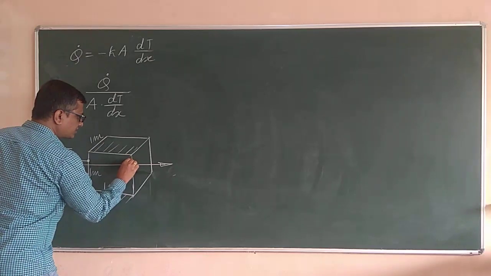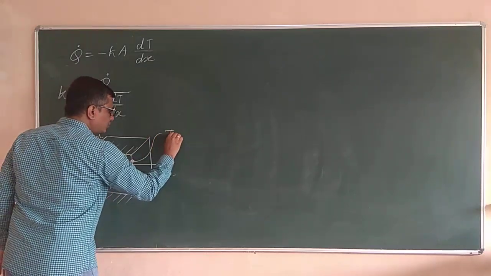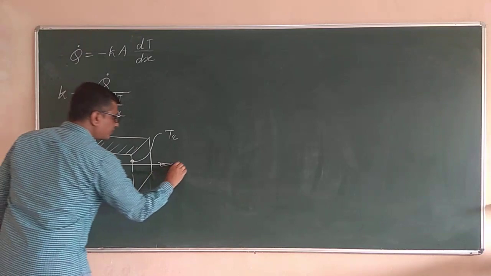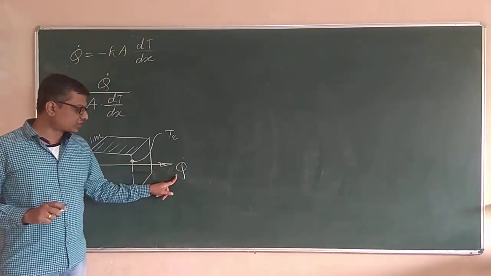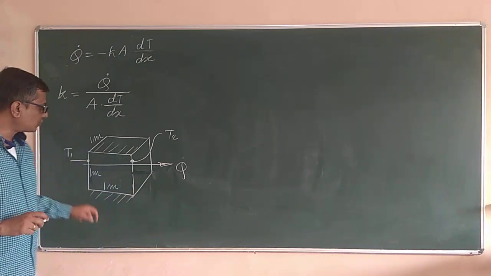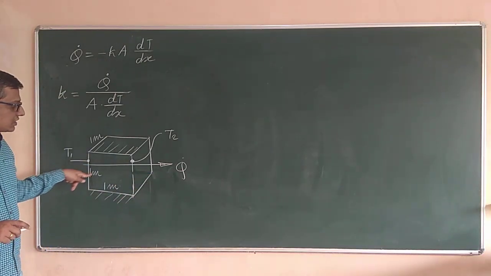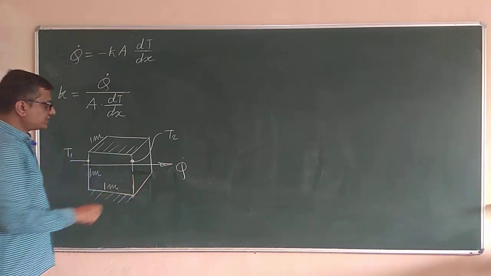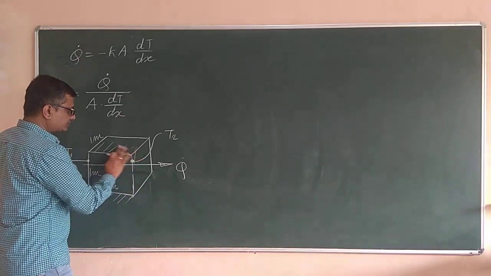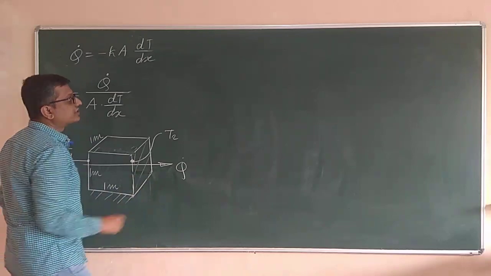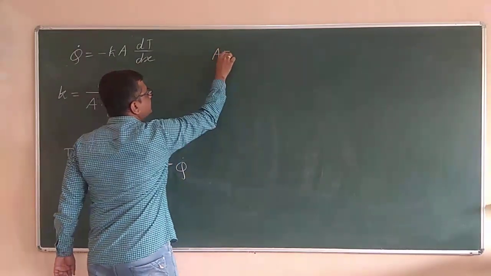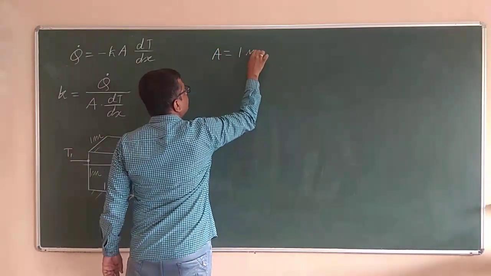So this surface is maintained at the temperature T2, and this is the direction of heat flow Q dot. The area normal to the direction of flow of heat is this area. In this case, area A equals 1 meter square.